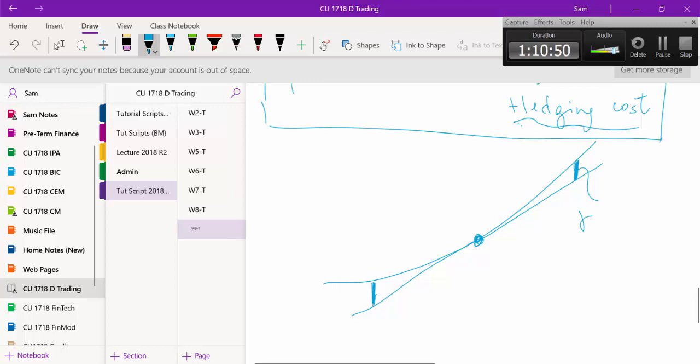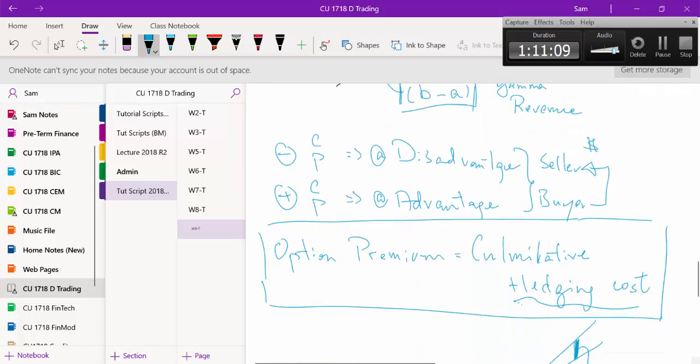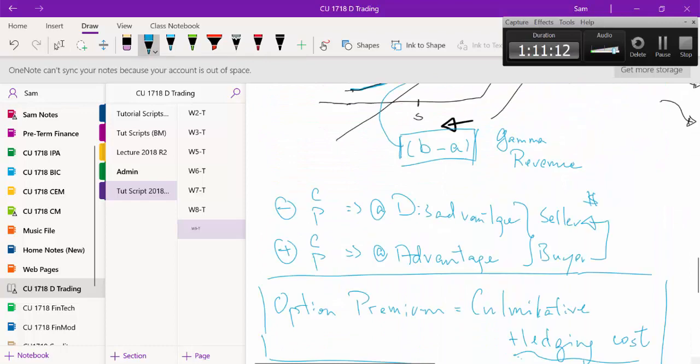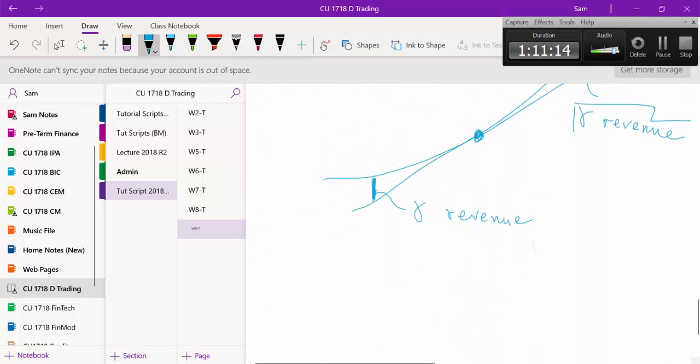And like I said, this is called gamma revenue. So of course I want to be compensated. Otherwise, I'm not going into this. I want you to compensate me up front. And like Ziheng said, that's why there is a cost to this. There's no free lunch, okay? There's no free lunch.